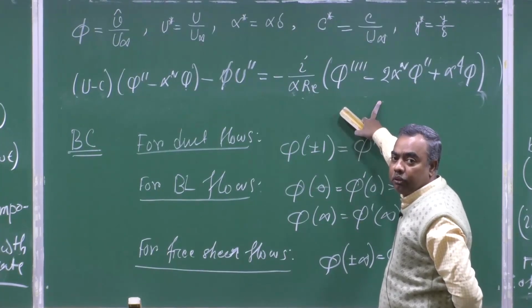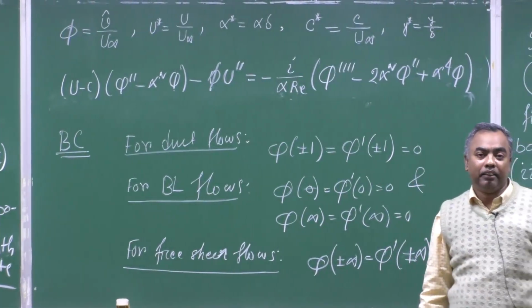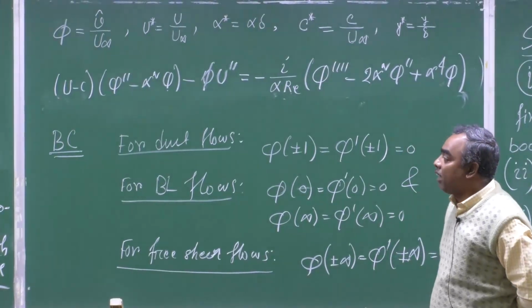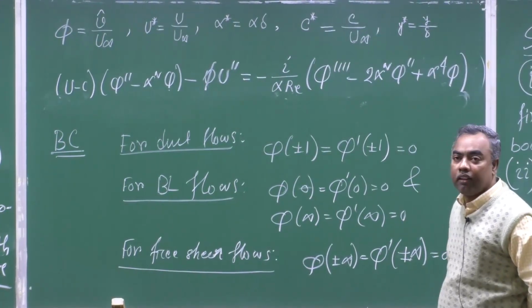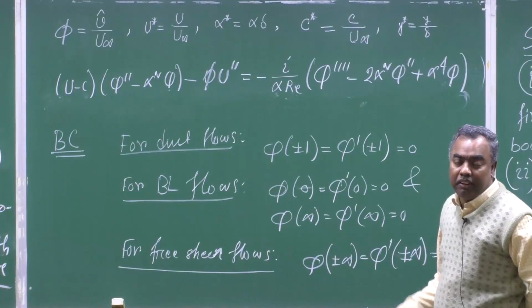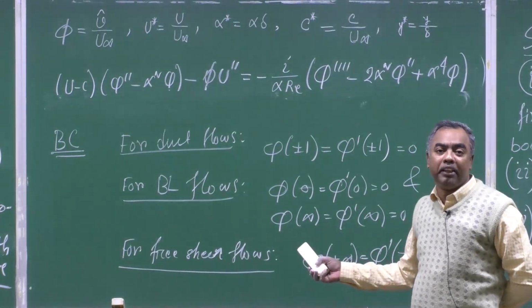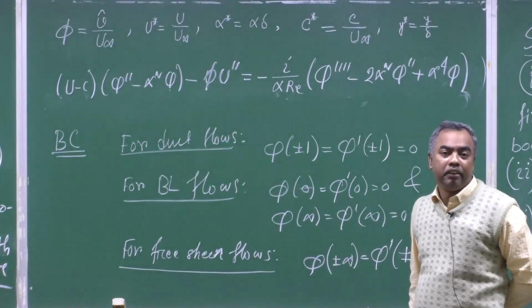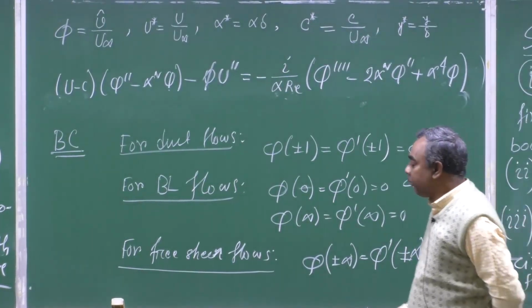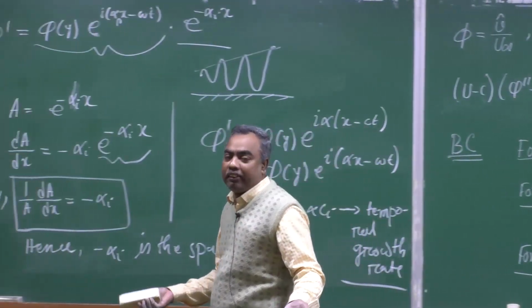From this set, if it is the spatial approach and minus alpha_i is greater than 0, then you are going to get instability, because the amplitude in that case is going to grow with space. If you find that C_i is greater than 0, then the flow is temporally unstable. So, let us say we have solved this for a particular given velocity profile; how can we interpret the results? Okay.